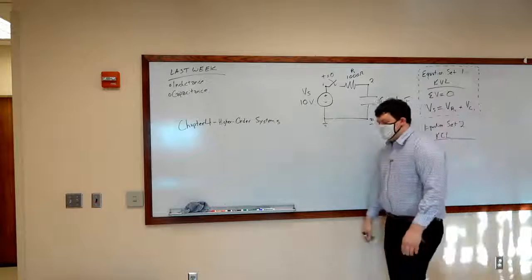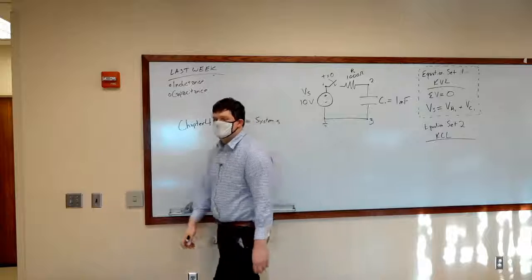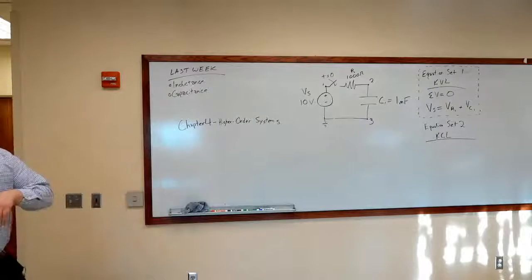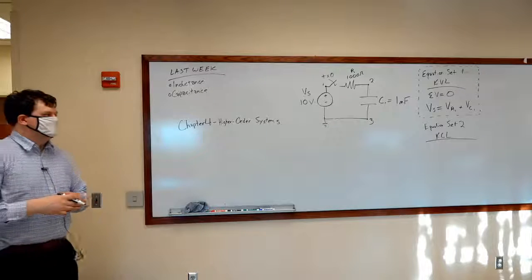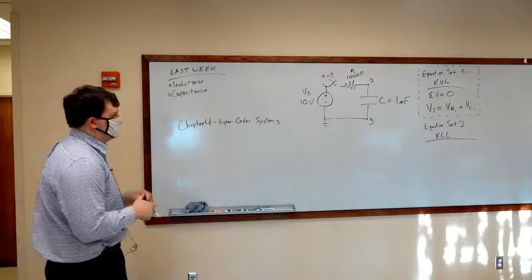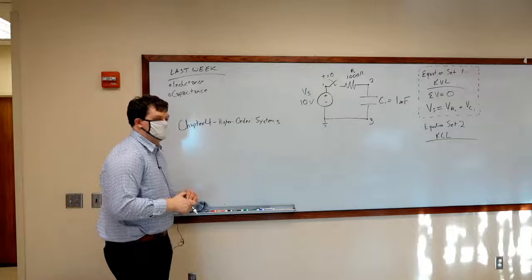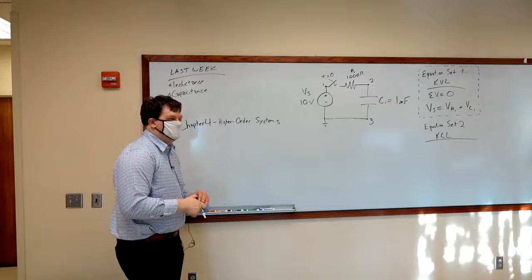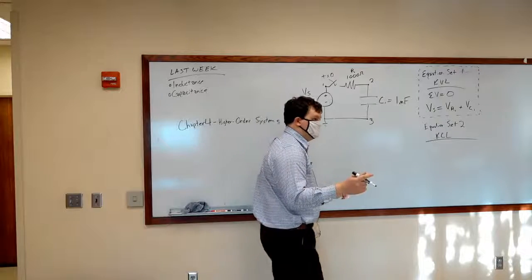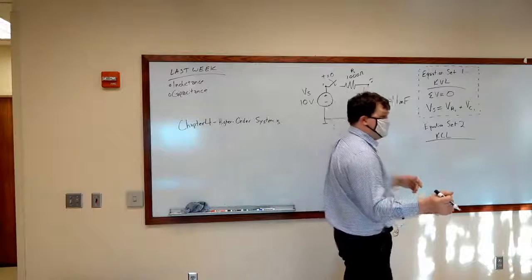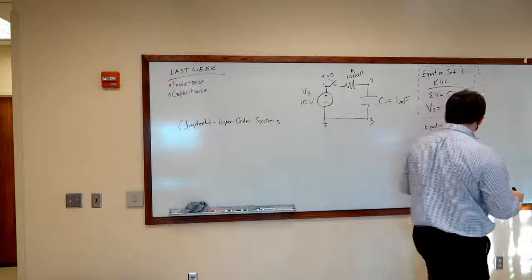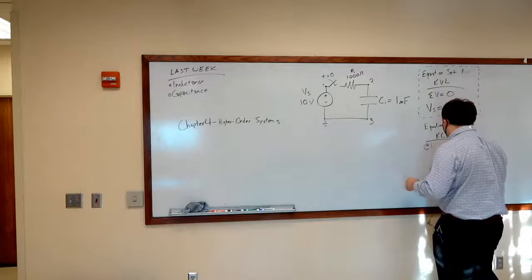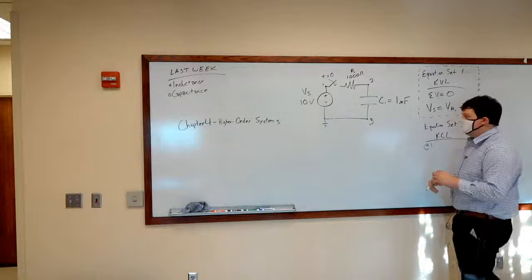What equations do we have for KCL? Right, current in equals current out. It's like KVL, just with a node instead of a loop. So at node 1, what is the current coming into node 1?